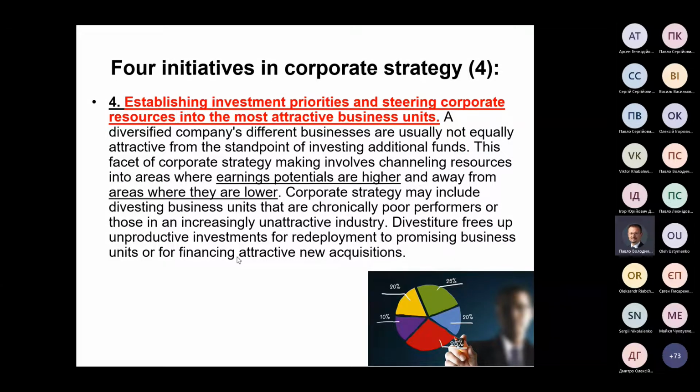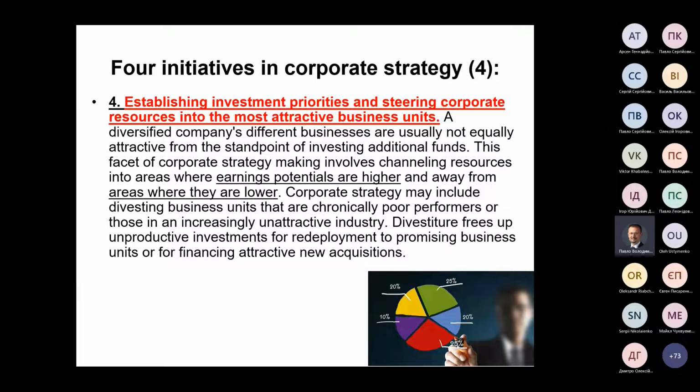And the fourth task, which must be solved at the level of corporate strategy, is how to set investment priorities. You know that any company, or rather any strategical business unit, is like a living person. So nobody wants to be killed.